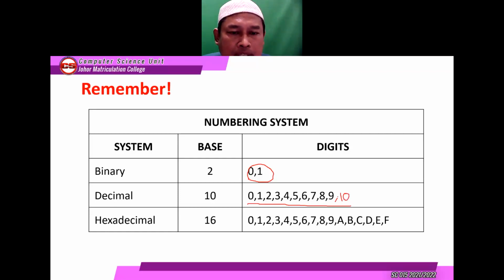Why? Because 10 means, in decimal numbers, 10 power of 0 and then 10 power of 1. So 10 power of 1 is 10. So that means 10 is 10.